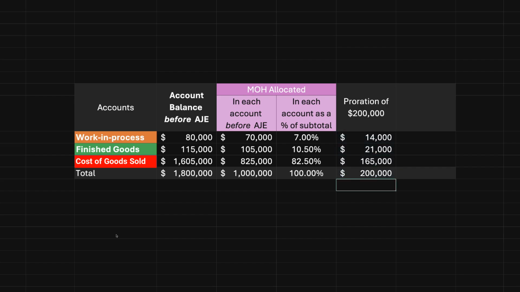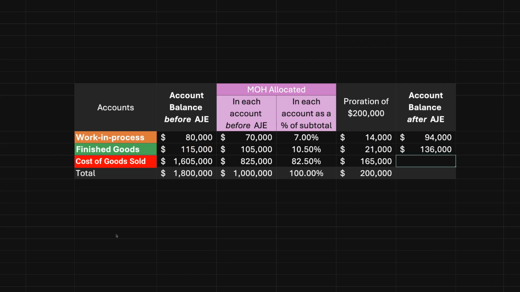is 200,000. And so now what we can take a look at is the account balance after the adjusting journal entry. And that will be the 14,000 that we just put there, plus the ending balance before adjusting journal entry of 80,000. It equals 94. We could take the 21,000 and add that to 115,000.